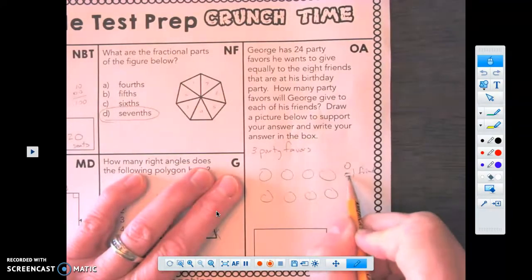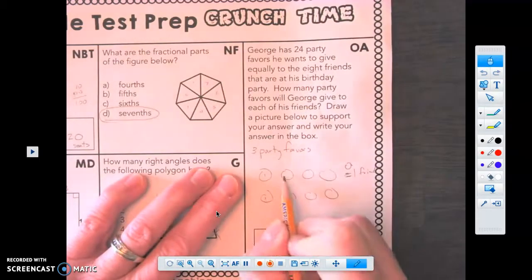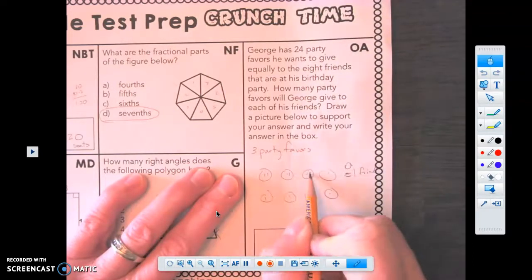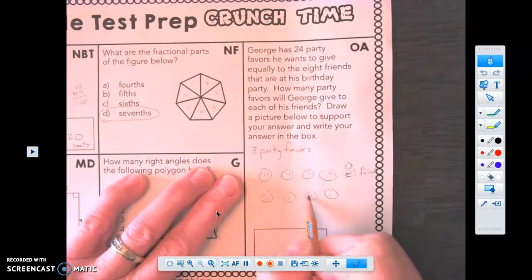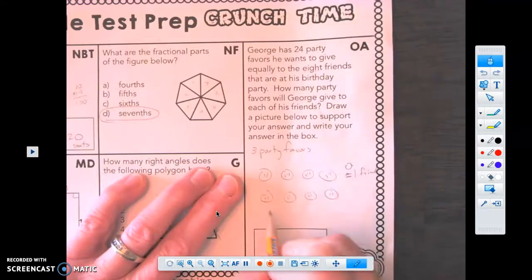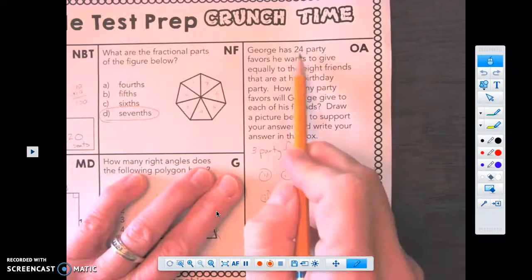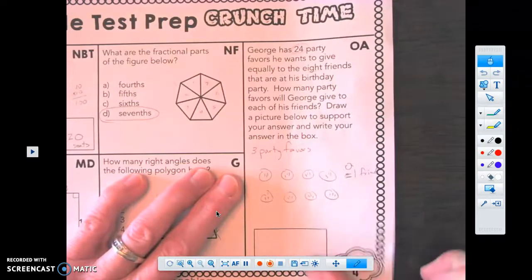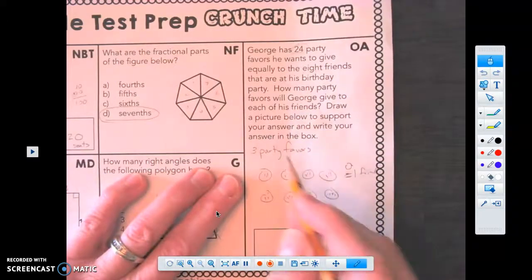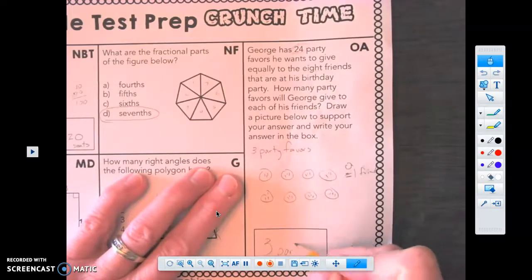Now we have 24 party favors. 1, 2, 3, up to 24. I gotta stop because if you remember, we had 24 party favors. So that's 1, 2, 3 in each circle. There are 0 left over. So again, George gives 3 party favors.